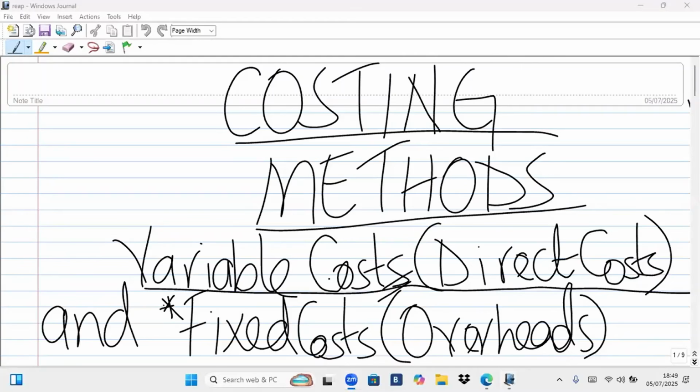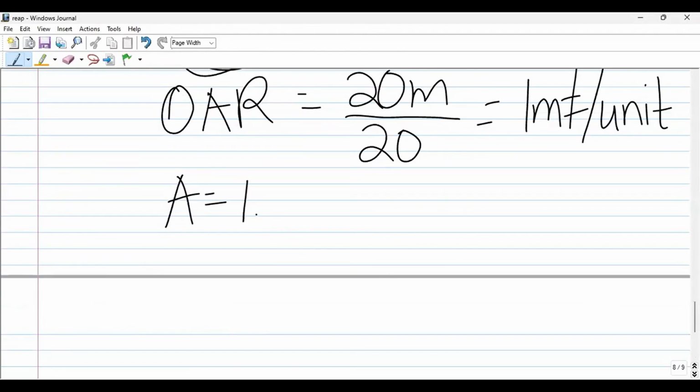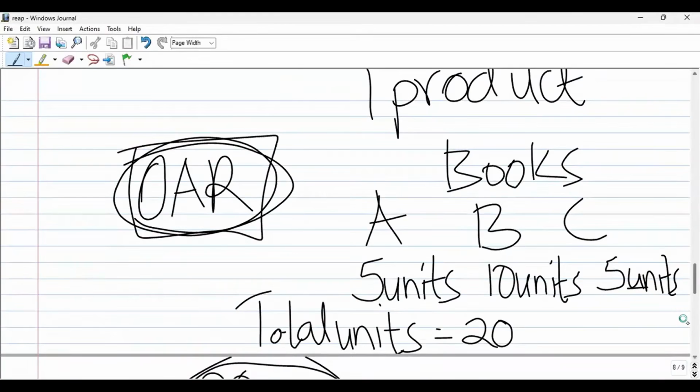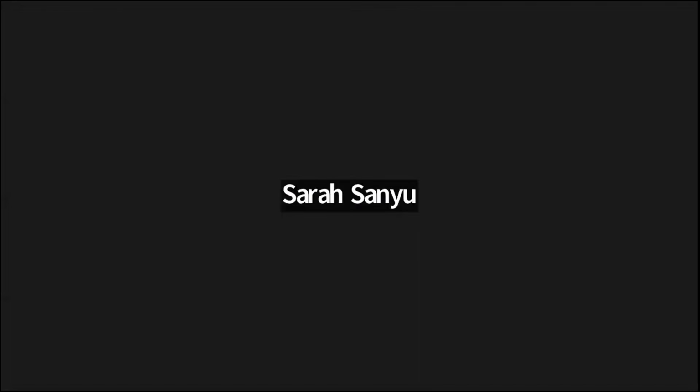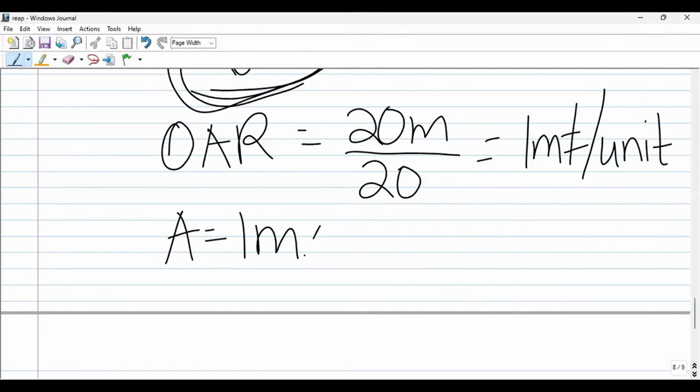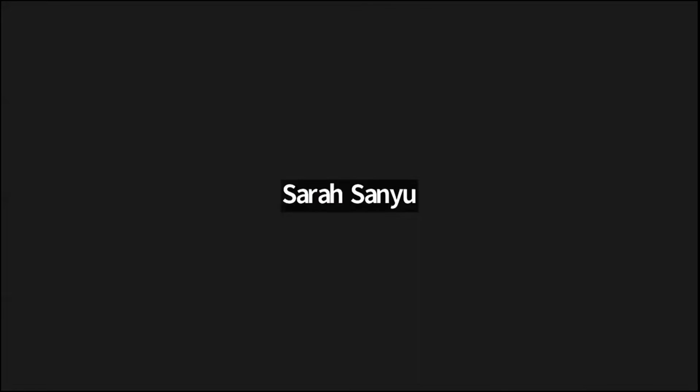Any product that has the highest number of units is the product that should be charged more overhead costs. So at the end of the day, this becomes 5 million shillings.